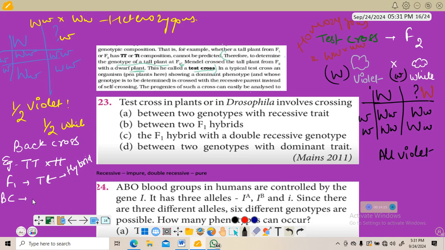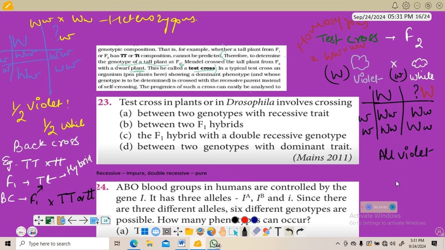So mating hybrid, or if I write F1, this is hybrid only, with one of its parents, like either it could be TT or it could be small tt, or genetically identical individuals.